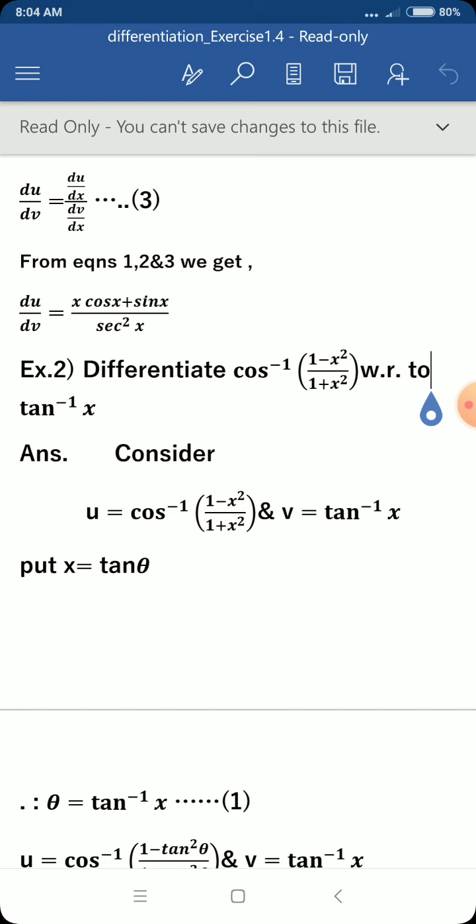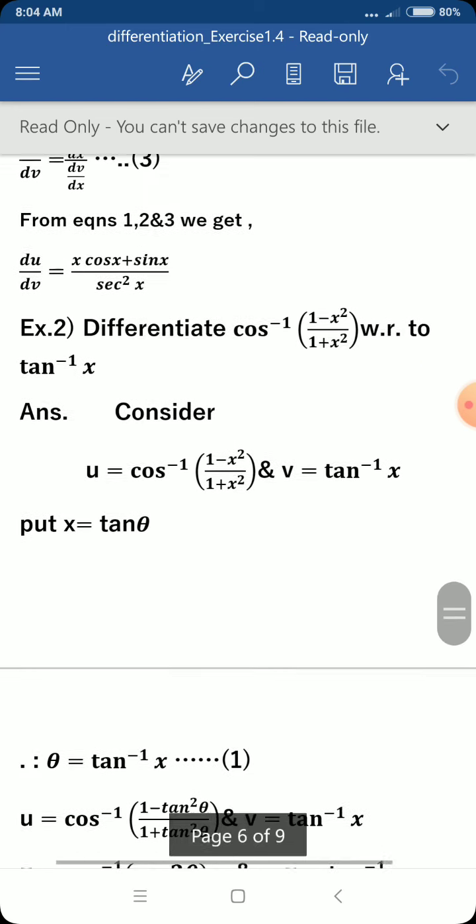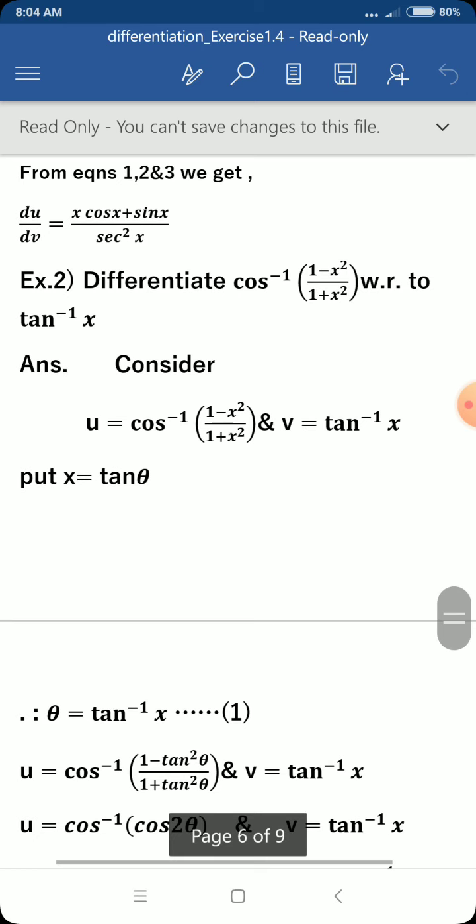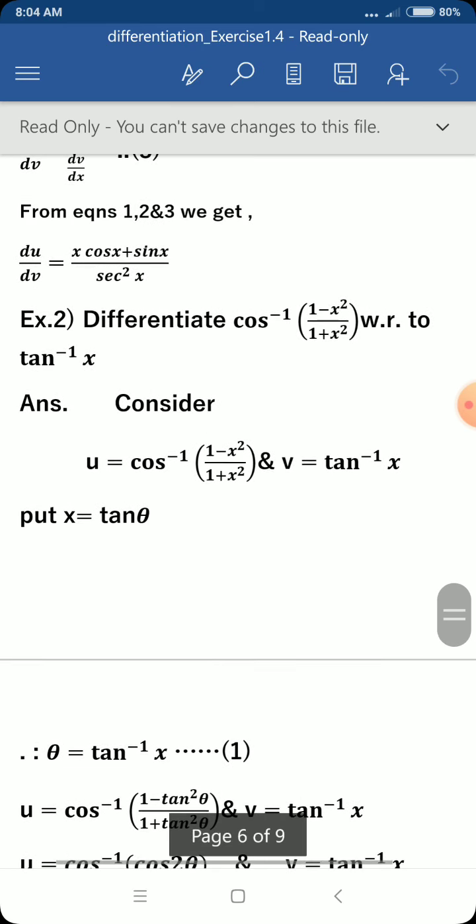Therefore, for the answer, consider u equal to cos inverse of 1 minus x square upon 1 plus x square and v equal to tan inverse of x.